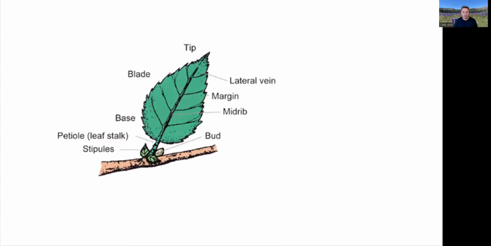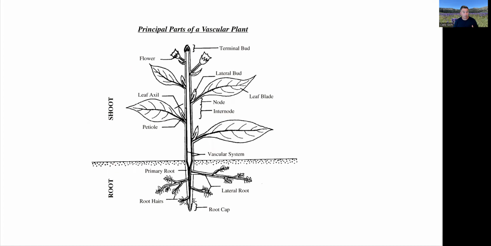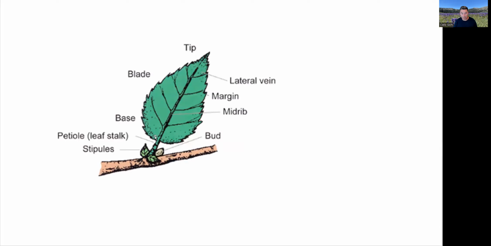Okay, so if we look at a simple leaf, and this is essentially what we talked about in this slide, right? We're only looking at this portion of the plant right here. Okay, and this is a simple leaf. It is a single leaf.